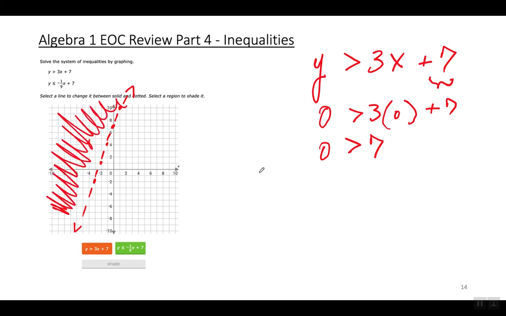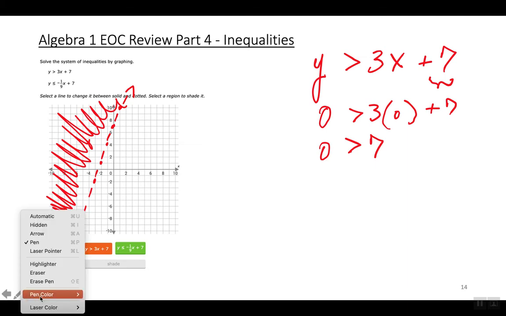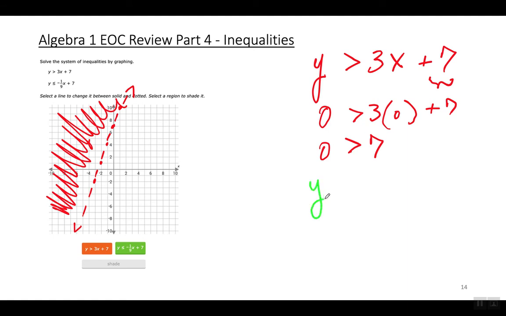All right. Now let's do in green the other line. Okay, so the other line is y is less than or equal to negative 1 over 9x plus 7. So first put a dot at the y-intercept. All right, and the slope is negative, so the line is going to go down from left to right.